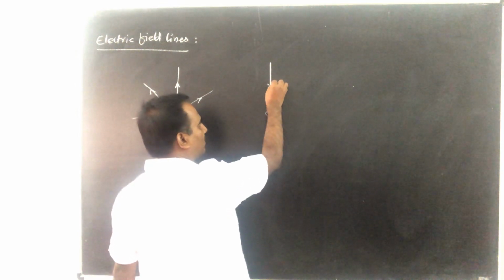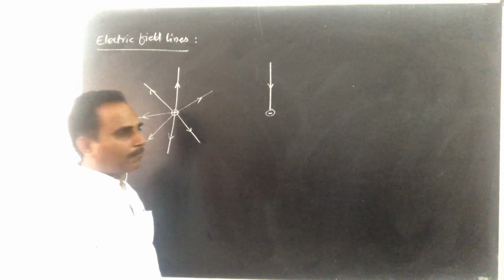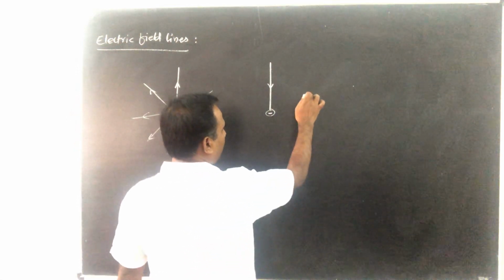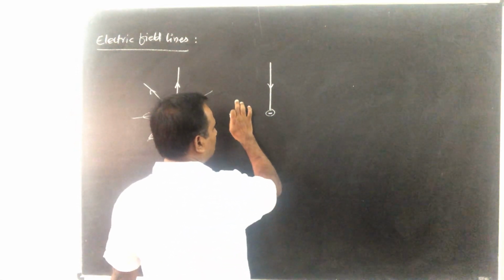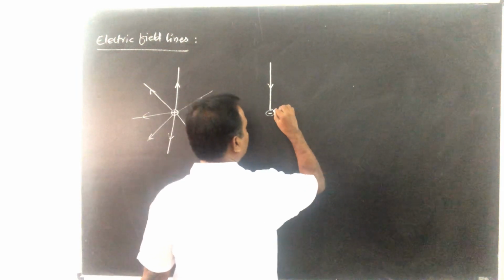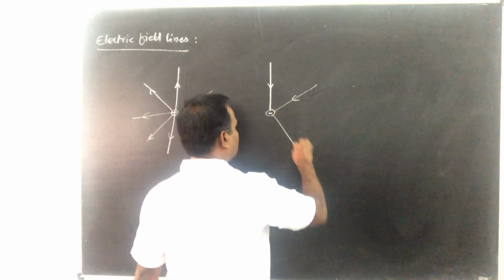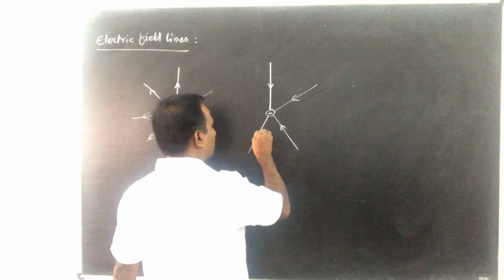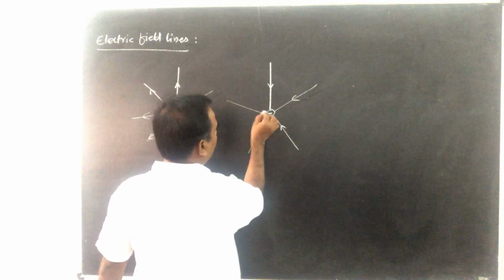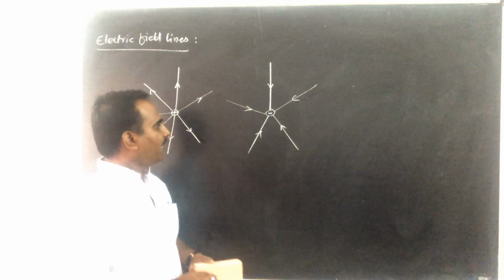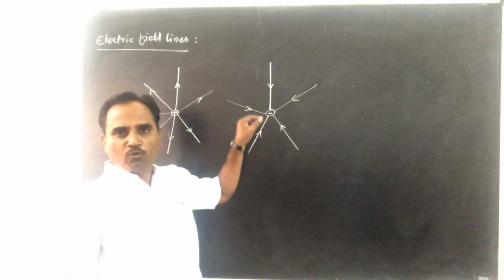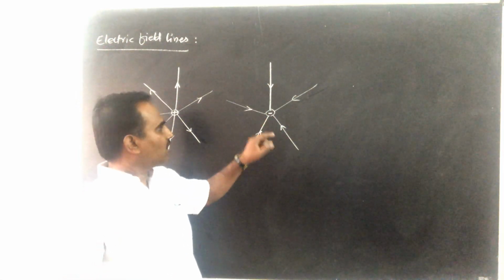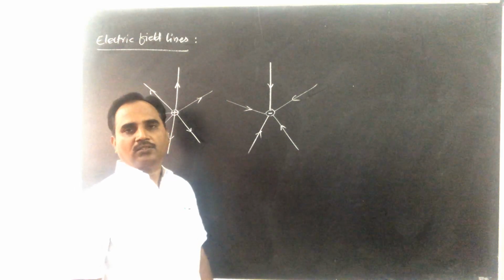So this becomes an electric field line. Similarly, wherever you keep this unit positive charge, because of attraction, it tends to move towards the negative charge. Therefore, due to an independent negative point charge, electric field lines are directed towards the charge.